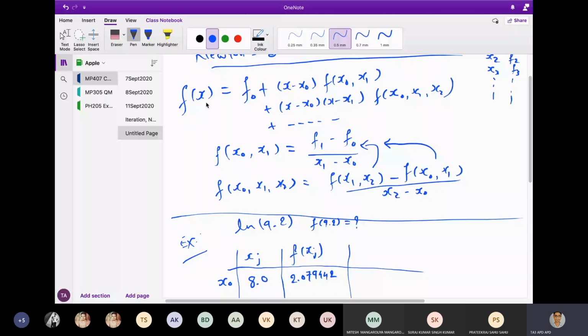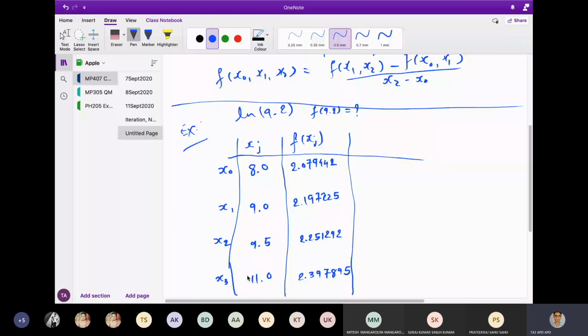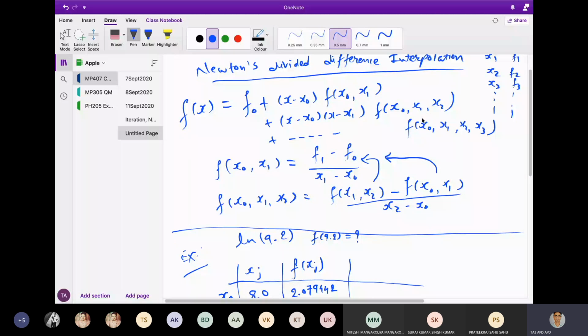So for that you will need all these differences, I mean all these functions, f of x0, x1, f of x0, x1, x2, and because we have third digit x3 as well, you will have to find out this f of x0, x1, x2, x3 as well. And that is the way that we proceed to find out these function values first.